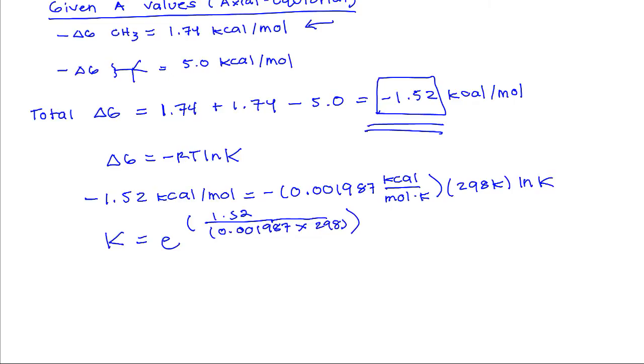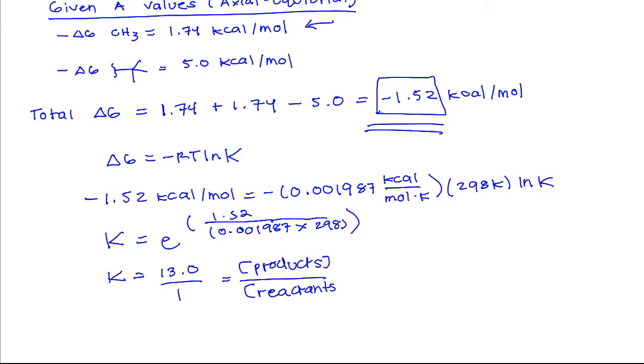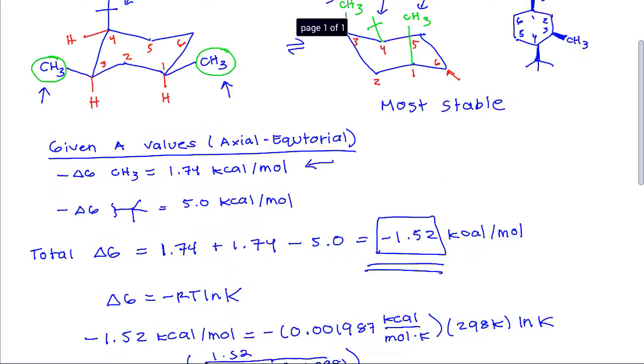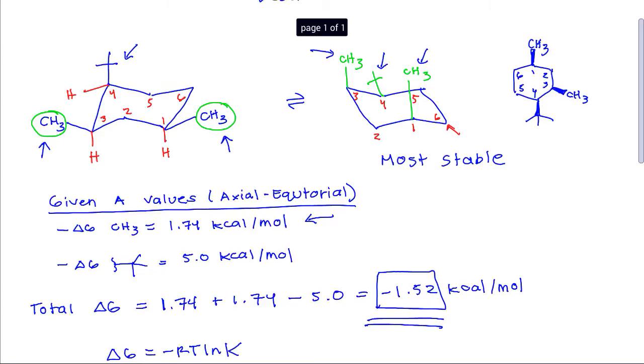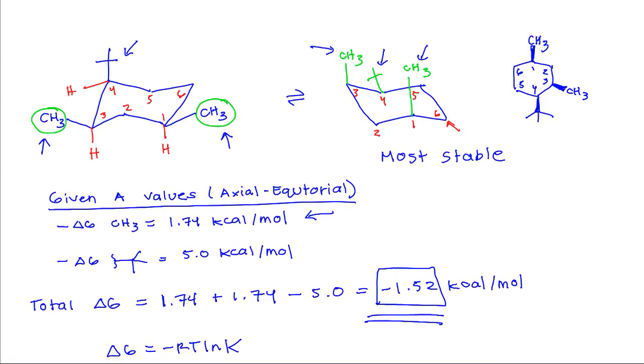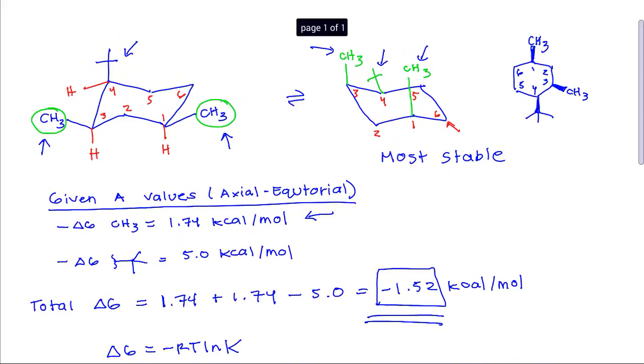Once we calculate that, we get K, our equilibrium constant, is equal to 13.0. And I always put this over 1 to remind ourselves that this is the concentration of products over reactants. So that means at any given time, for every 13 molecules that are in our conformation on the right, the most stable, we will have one molecule in our least stable conformation on the left. So it is just a ratio of these two.